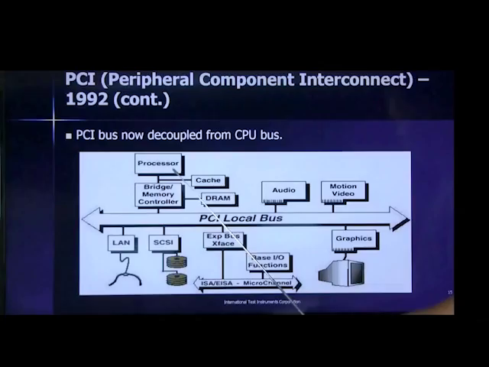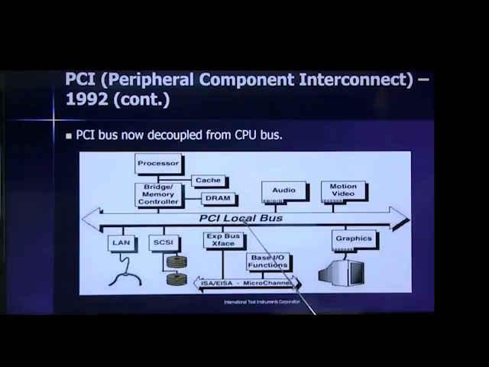Here is a slide that describes the overall architecture of the PCI bus in the system. And the key thing to note here is that you have a bridge chip between the processor and the local bus, the PCI local bus. It's actually a little bit of a misnomer here in this picture to call it a local bus because it's not actually local.